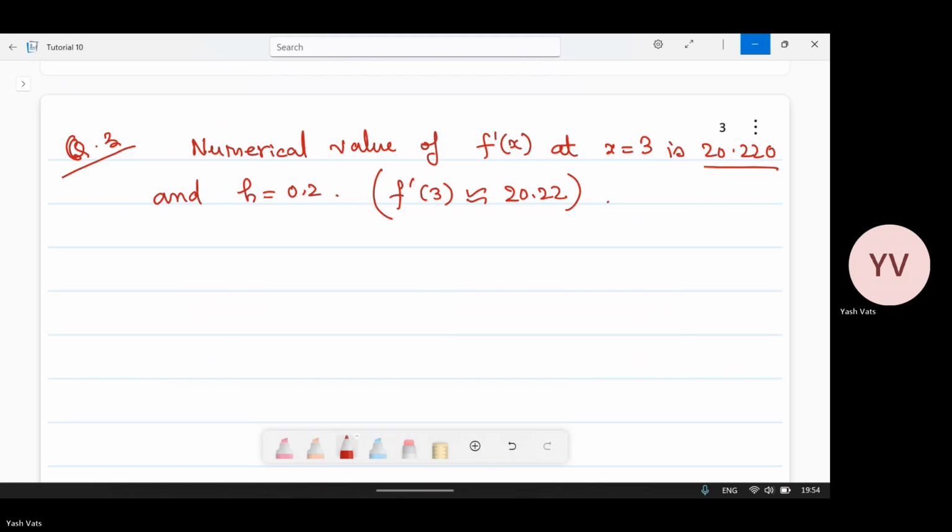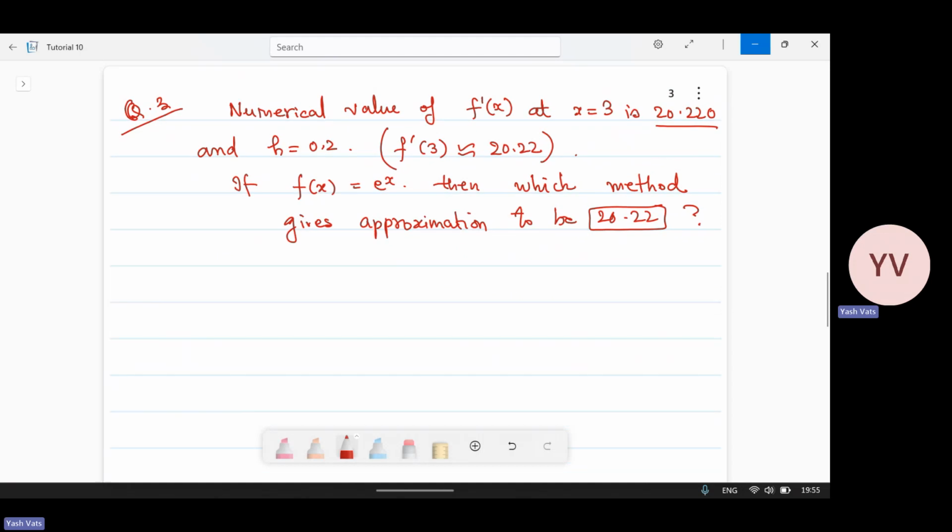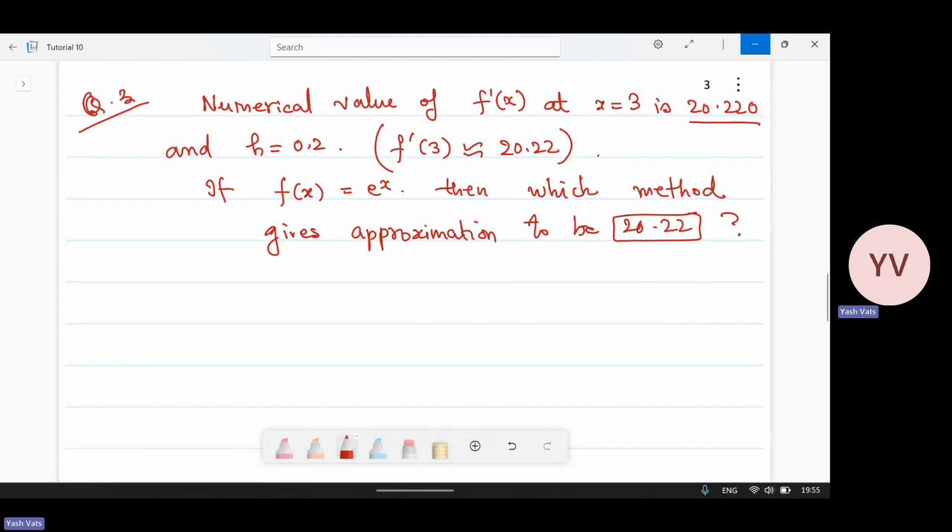Then which of the following is used to conduct a differentiation if f x is e to the power x? Which method gives that approximation to be 20.22? Then we will discuss that.